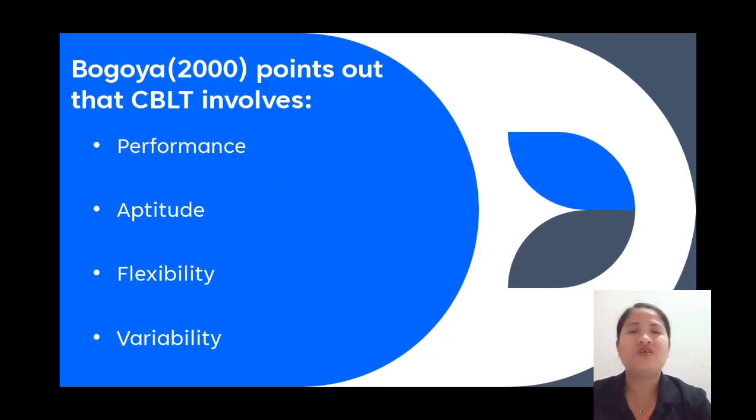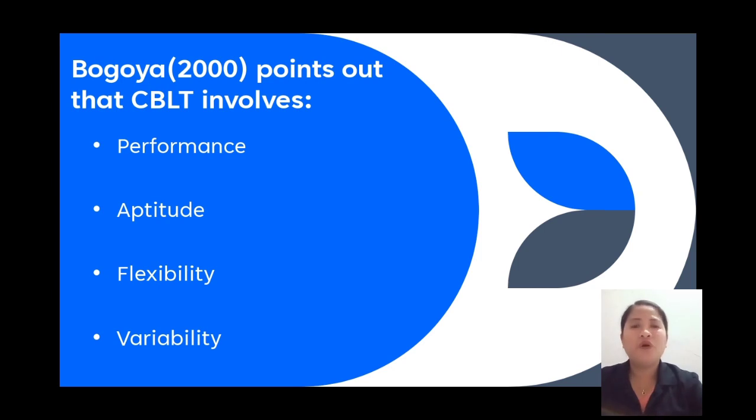In addition, Bogoya in 2000 points out that CBLT involves performance, aptitude, flexibility, and variability. He points to CBLT as a concrete task in a meaningful context that provides a varied solution. Bogoya also points out several components of the CBLT approach.